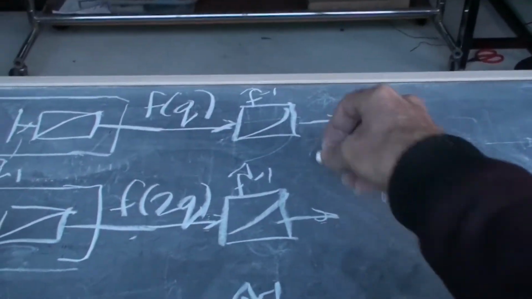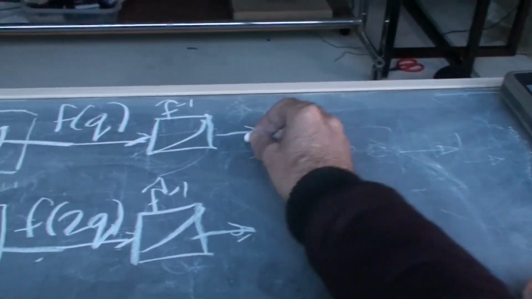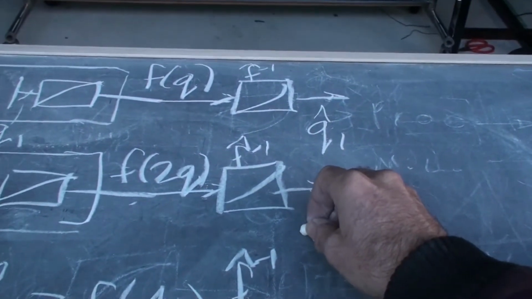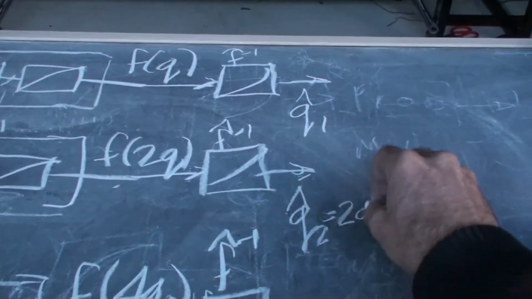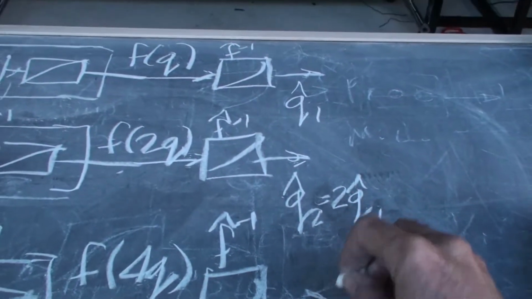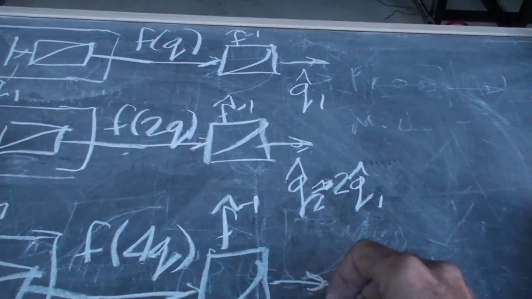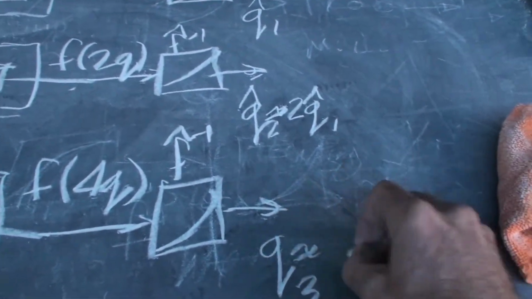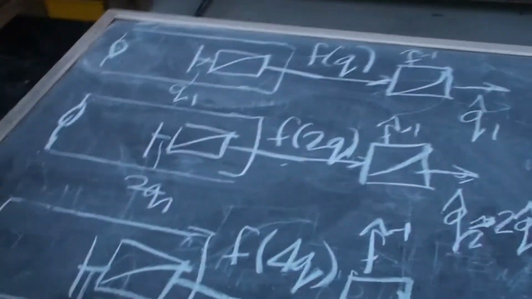And out here what we have is an estimate of Q1, and an estimate of Q2, which is approximately 2 Q1 hat, approximately because there's some noise on the signal. And this is Q3, which is approximately 4 Q1 hat. These are estimates of those quantities.